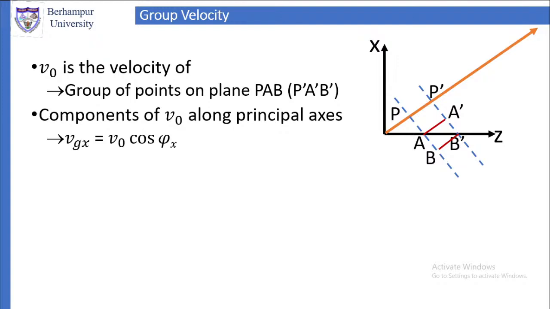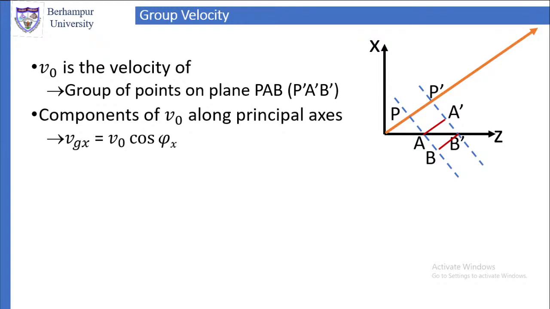The unit vector of the propagating wave is n cap, which is equal to x cap cos phi x plus y cap cos phi y plus z cap cos theta. Therefore, V0 will also have components along x, y, z. So since it is the velocity of a group of points, we call it the group velocity.